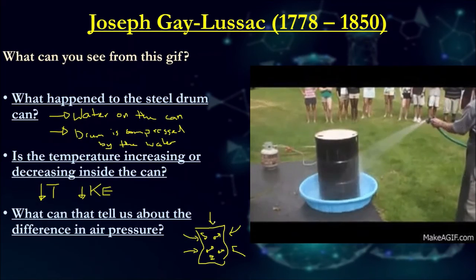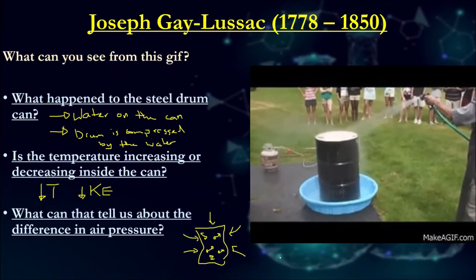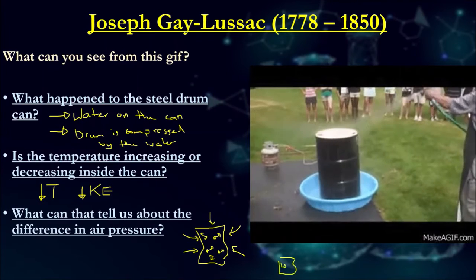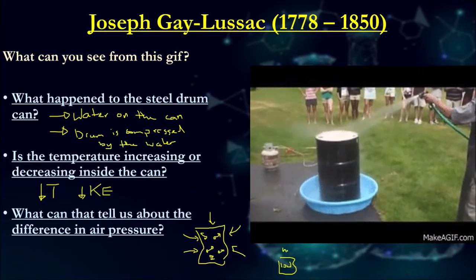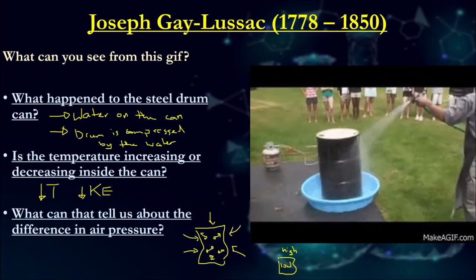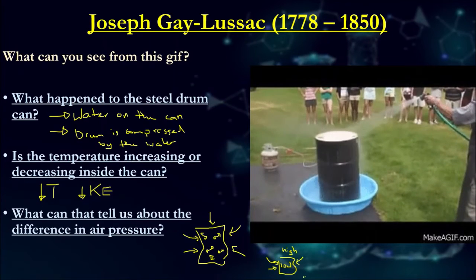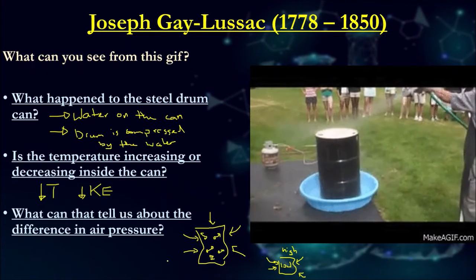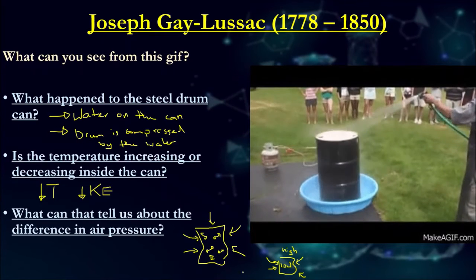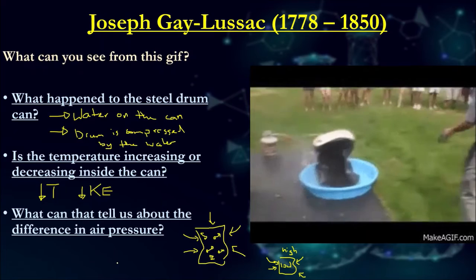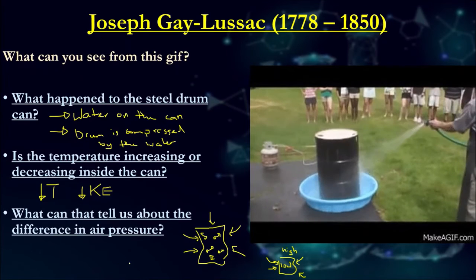So if it becomes lower inside and higher on the outside relative to that change, then that pressure from the outside air essentially condenses and compresses the drum into a smaller size.